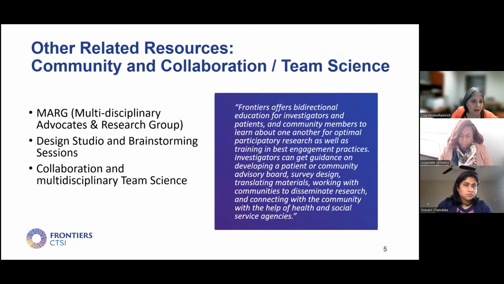That includes the multidisciplinary advocates and research group that can provide support for community engagement projects, and design studios and brainstorming sessions where investigators can sign up, either virtually or in person, for assistance working through a particular research issue, or an opportunity to get feedback on things, including research strategy or recruitment strategy. So again, that's another wonderful resource that's available to you.